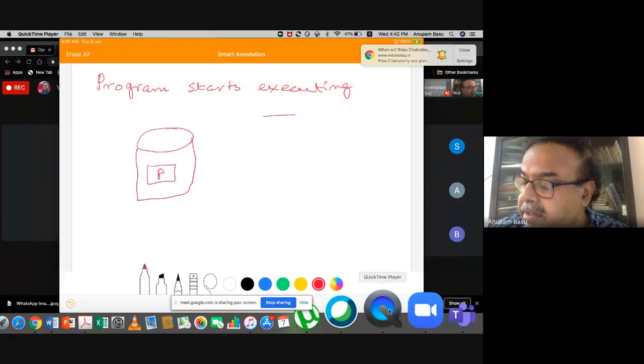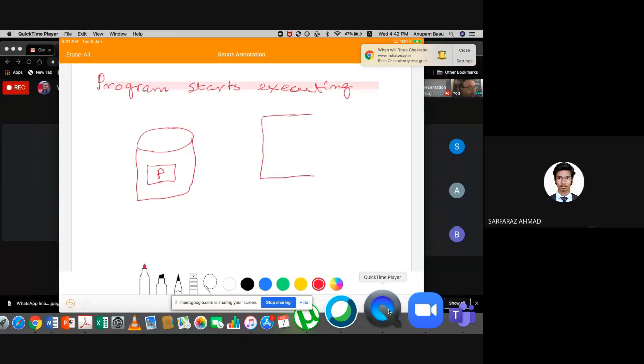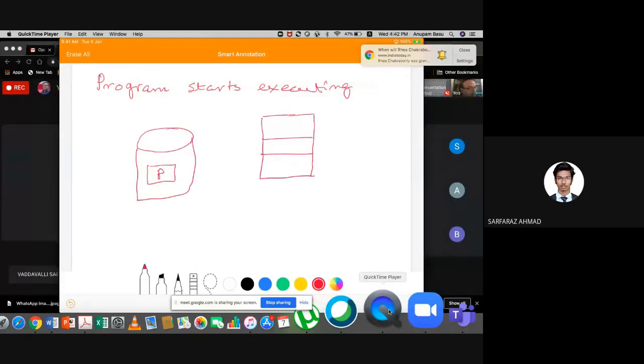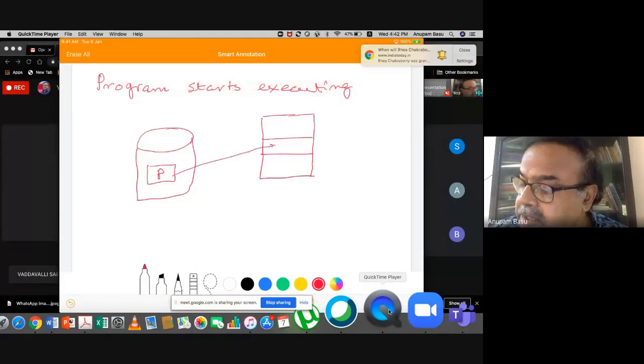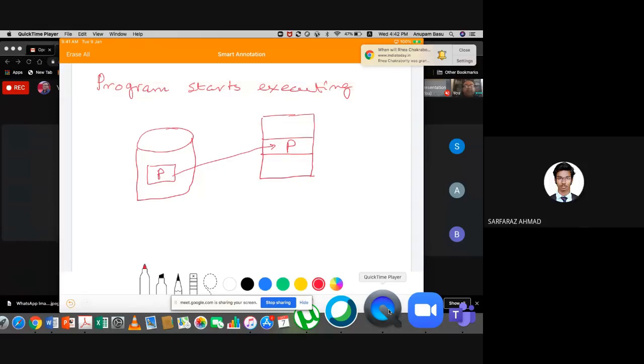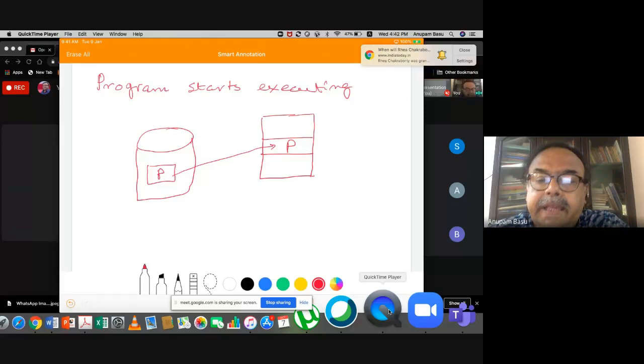And according to Ritik, it is brought to some location in the primary memory. Right. My question is, who brings it to the primary memory? So the operating system. Yes. A particular part of the operating system, which is the loader, brings it to the primary memory.